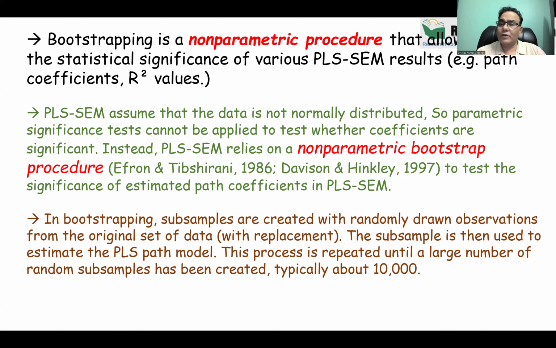So if the T value is more than 1.96 or the probability value, P value, is less than 0.05, it means your alternate hypothesis is supported by the result. So this is the key for the bootstrapping test.